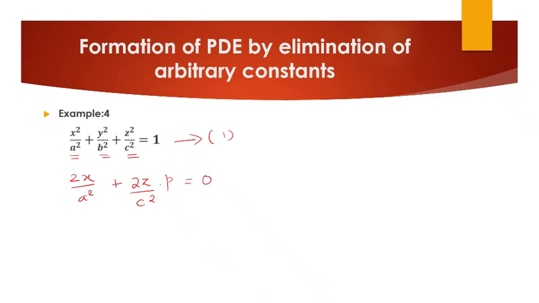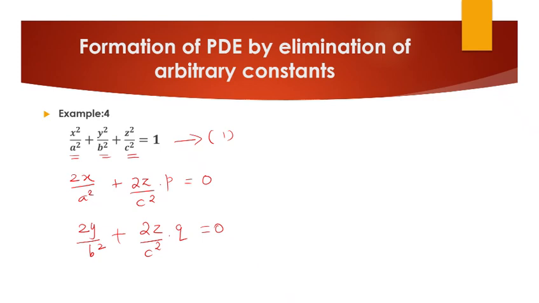Similarly, differentiating the same with respect to y, I'm getting 2y by b square plus 2z by c square into dou z by dou y, which is nothing but q. From this, I'm getting this equation.